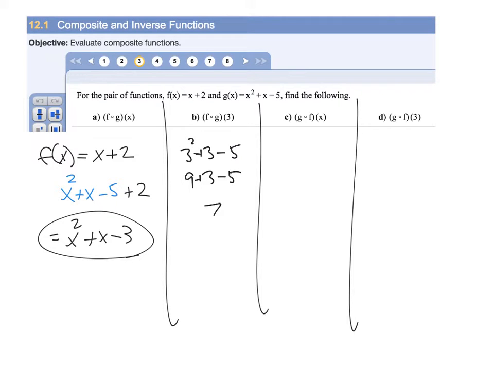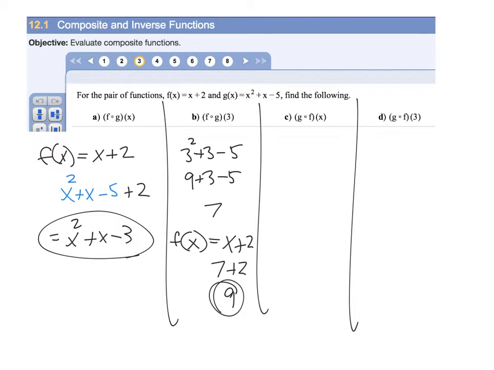All right, so when we take 3, stick it in g, we get 7. Now we're supposed to take 7 and put it into f, which gives us 7 plus 2, which is 9. So now we're going to do the next one. Take x, stick it in f.